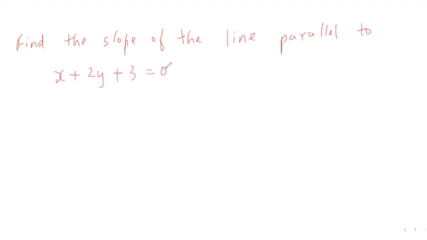Okay. So let's assume that this line is like this, all right? And we have another line, that's the blue line, whose equation we don't know, whose slope we don't know. So we've got to find the slope.